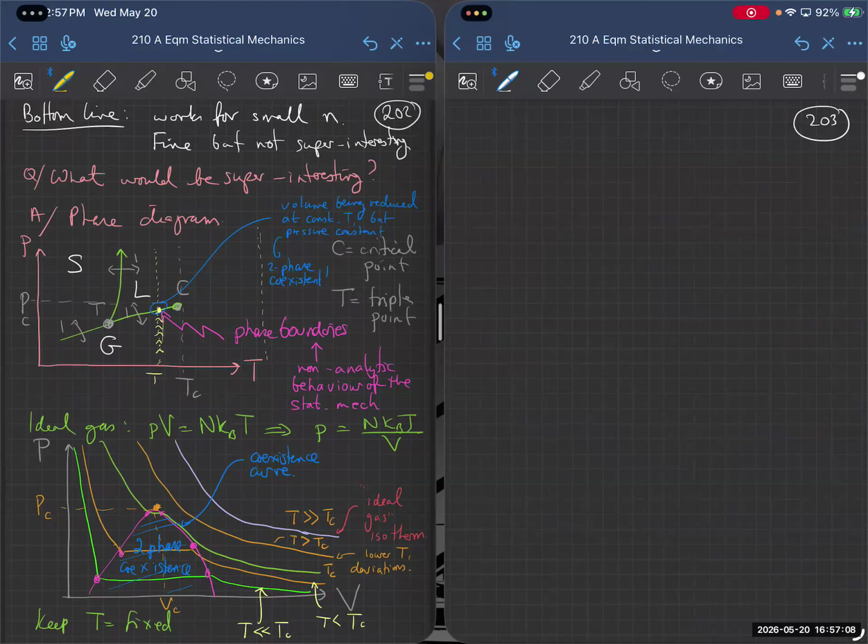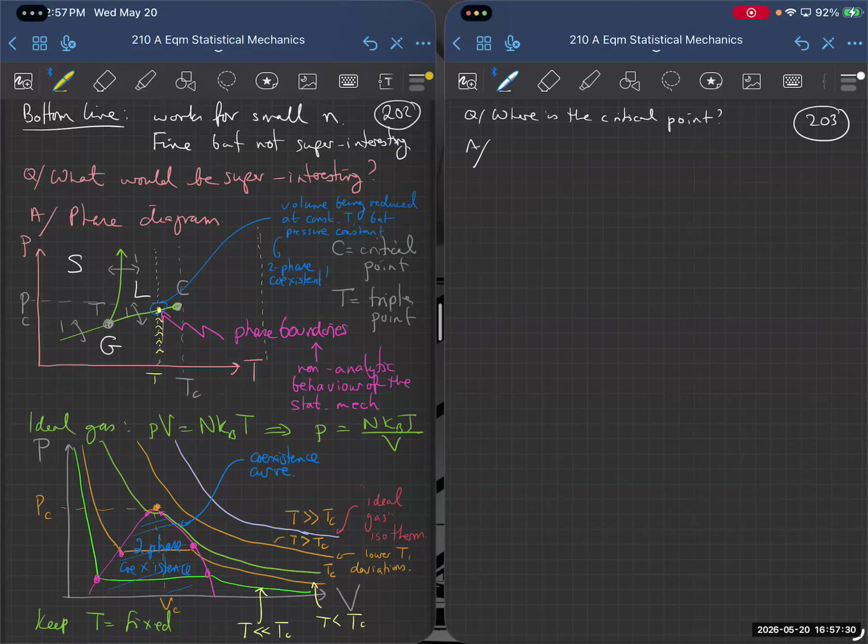So you might then ask yourself, where is the critical point? Because that critical point tells you when you start getting liquid-gas coexistence, when you get phase transitions.